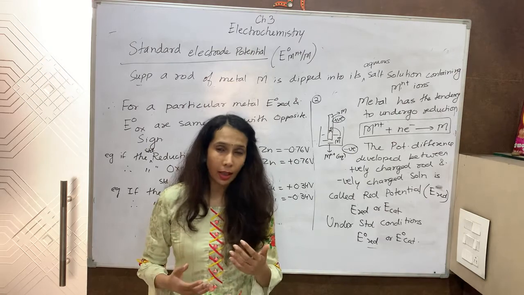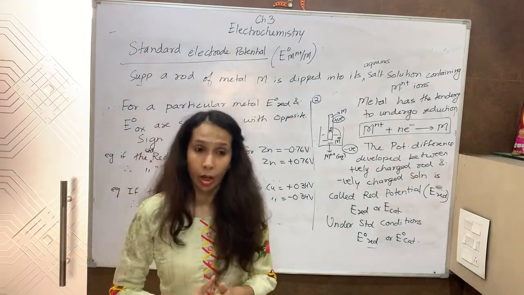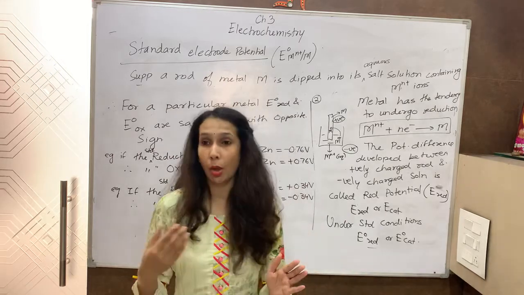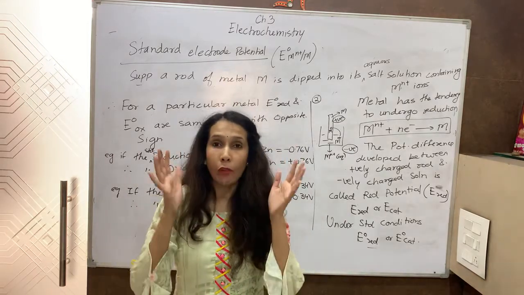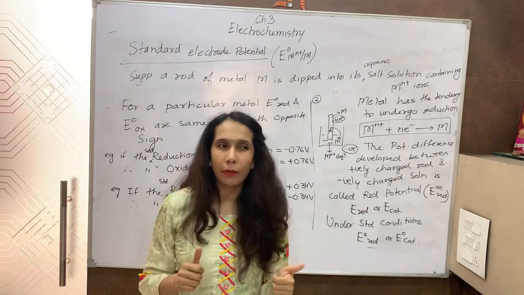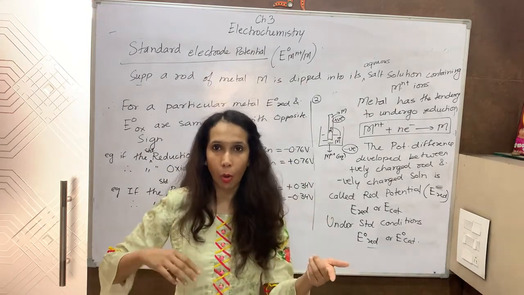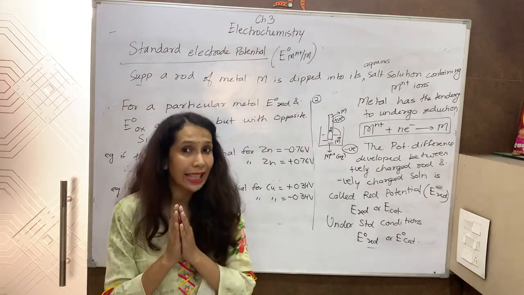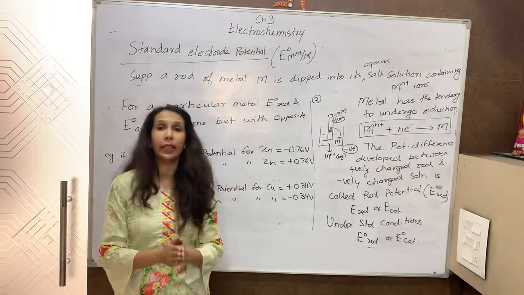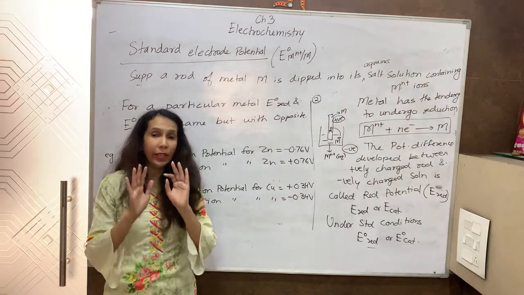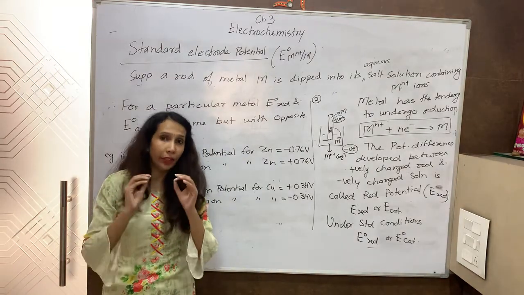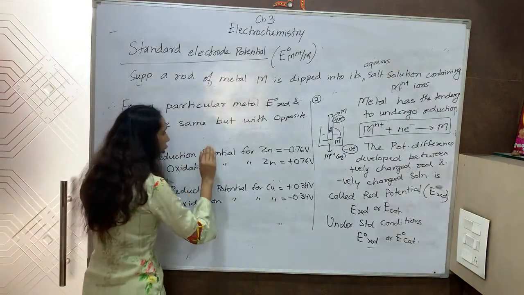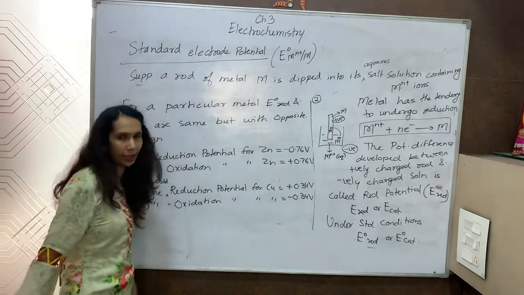Because of this, a lot of confusion arises. For a particular metal, one should learn either the reduction potential or the oxidation potential, and there will always be confusion about whether the positive sign comes in oxidation potential or in reduction potential. So arbitrarily, the scientists decided that for every element we will learn and calculate only the standard reduction potentials, not the oxidation.